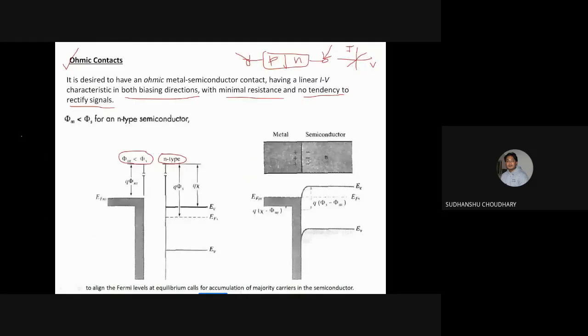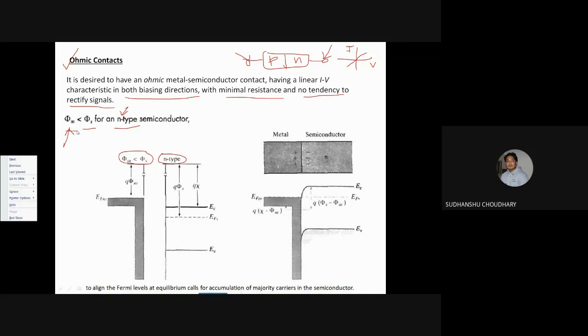So let us see the ohmic contact here. Okay. So we said that the work function of the metal is selected so that it is less than the work function of the semiconductor, if the semiconductor is N-type. If it is P-type, then this will be reversed. Okay. So this has to be kept in mind by whoever is designing or fabricating the diodes, or maybe whoever is fabricating an IC, right?